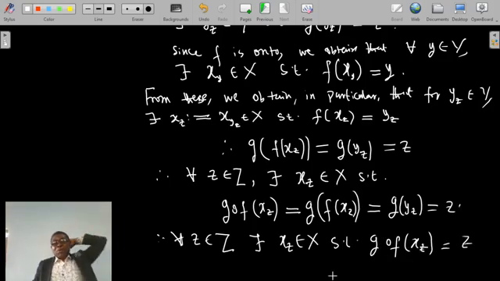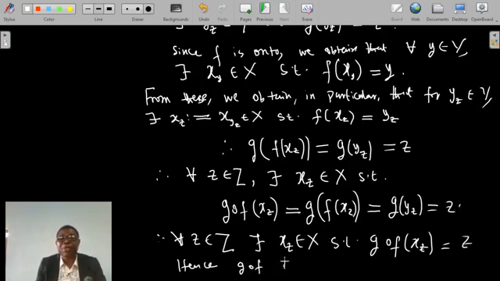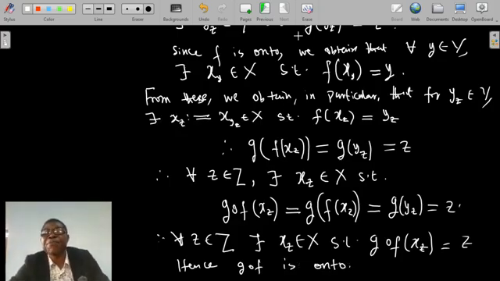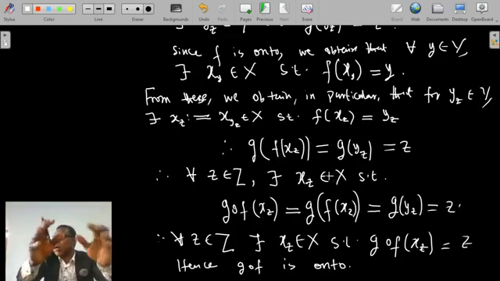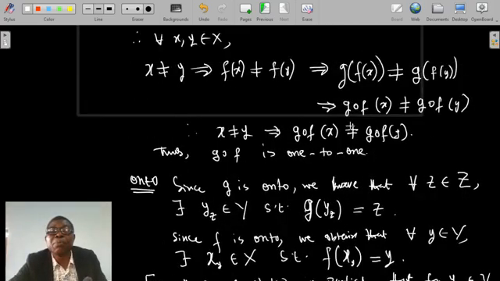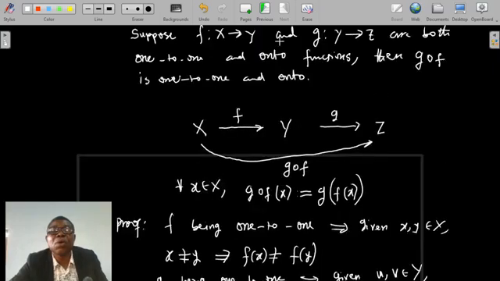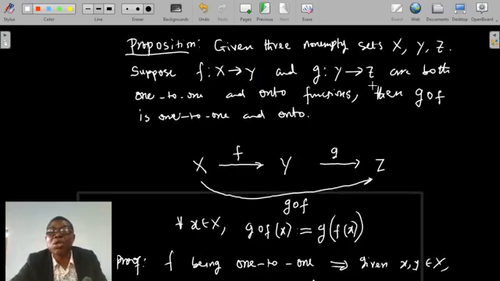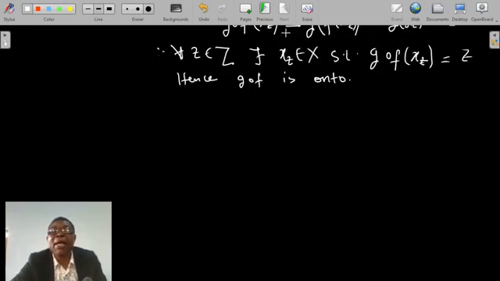So what we've gotten therefore is that the function g composed by f is onto. So whenever f and g are onto maps regarding our scenario above, once f and g are onto maps, then their composition is also an onto map.